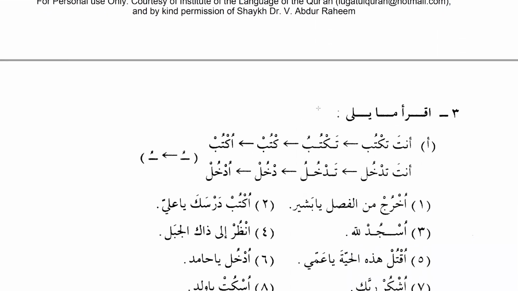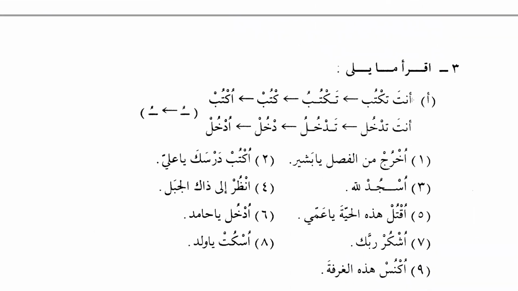Great. Next one, it says read the following. And again, here it's just taking you through the process that we just went through, guys. You write: anta taktub. So they're looking at the verb taktub as opposed to yaktub, which is fine. You get the verb in the present tense, taktubu. You delete the first initial harf al-mudari'ah, and you're left with ktub, which you can't pronounce.